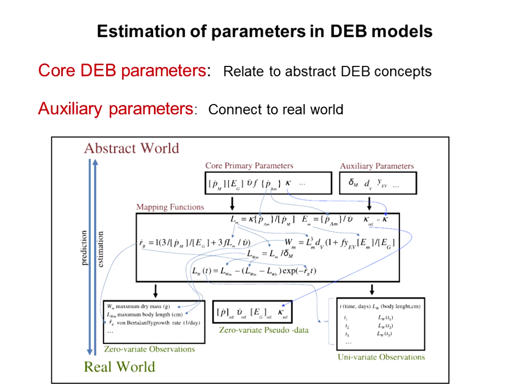I want to make a few comments about the challenge of estimating parameters, and in many ways the starting point is recognizing that there really are two types of DEB parameter. There are the parameters that appear in the models, and these parameters relate to the relationships between quantities like reserve, structure, damage-inducing compounds, and so on. And all of these are rather abstractly defined.